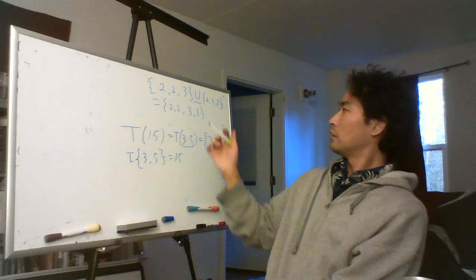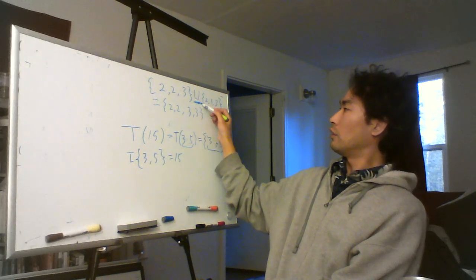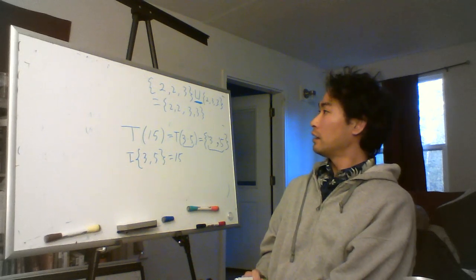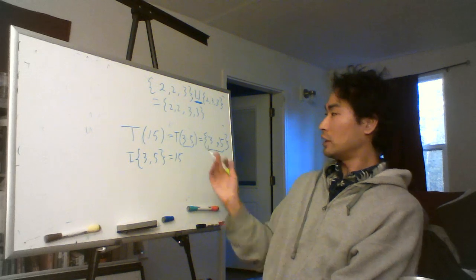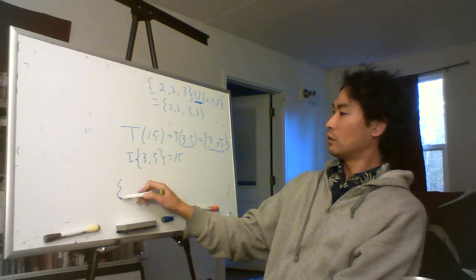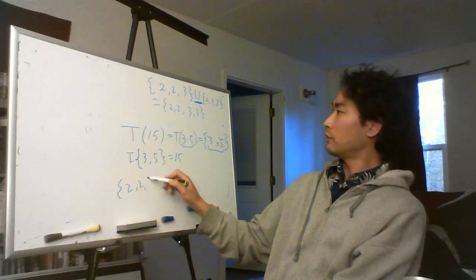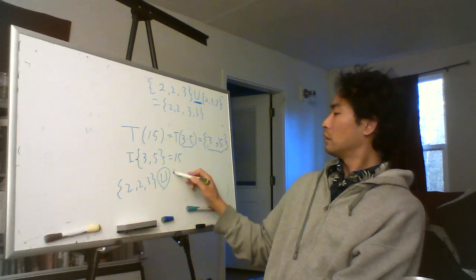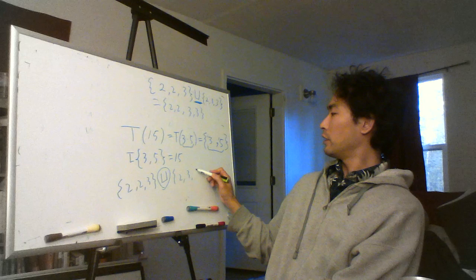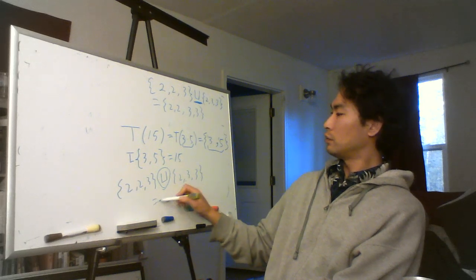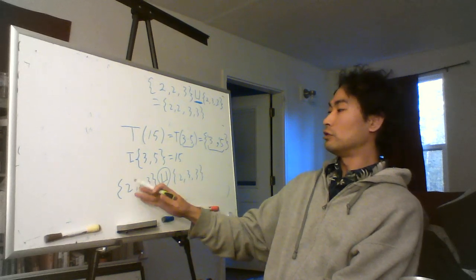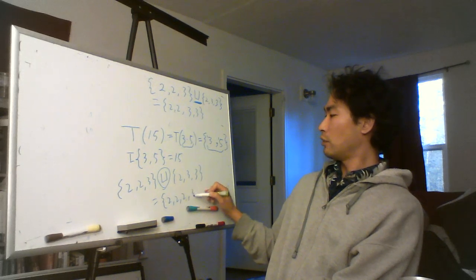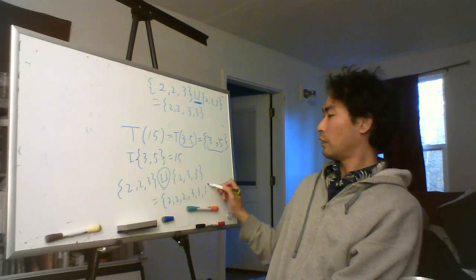That's the traditional multiset union. Now strict union is this. 2 comma 2 comma 3 strict union 2 comma 3 comma 3 is equal to, you include everything, so 2 comma 2 comma 2, 3 comma 3 comma 3.